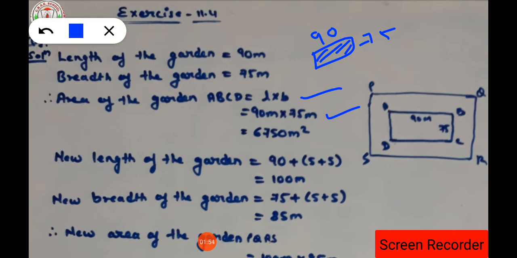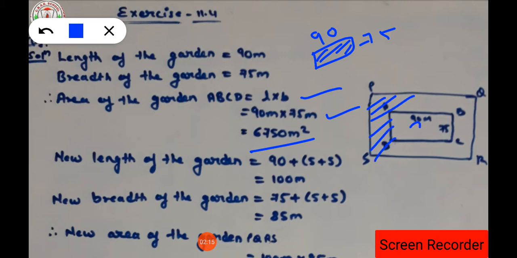You can take out your rough copy and a pencil and multiply 90 into 75. You will get the answer as 6750 meter square.